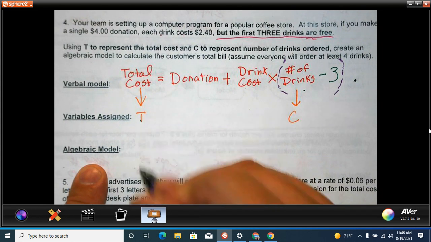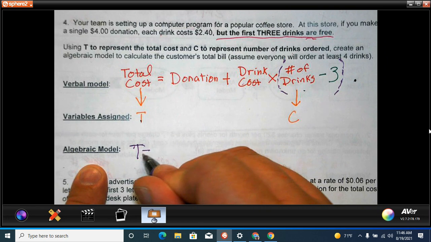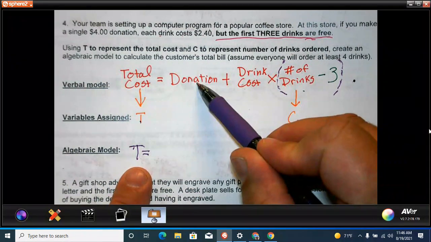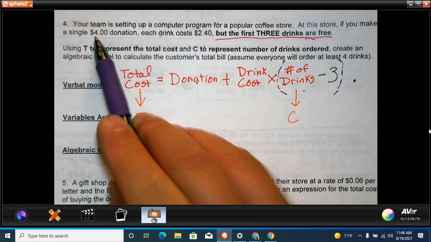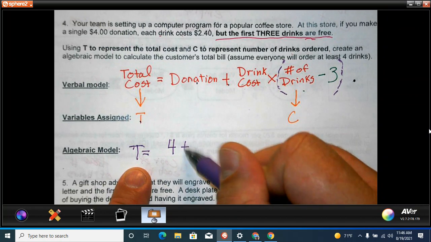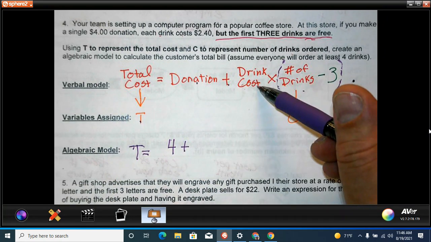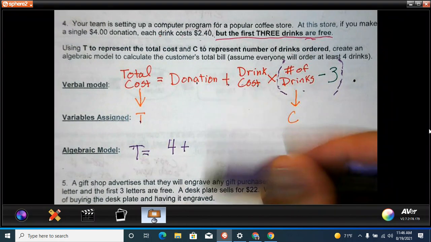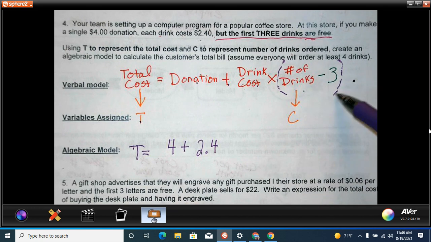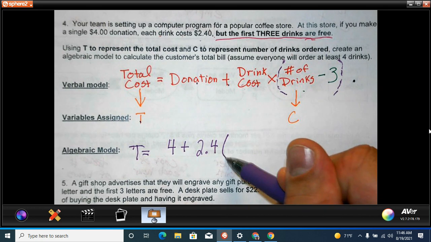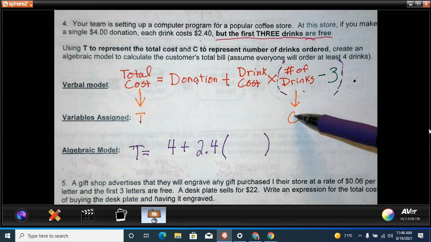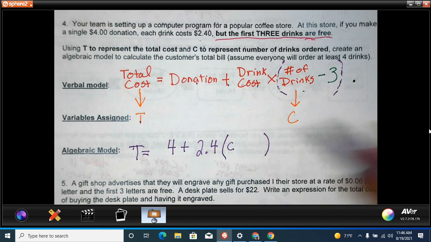So I got T equals, now I'm putting in the values. The donation is $4 plus the drink cost, which is $2.40. Now I'm going to put in my parentheses because I'm going to have to distribute the number of drinks, which is C, minus 3.